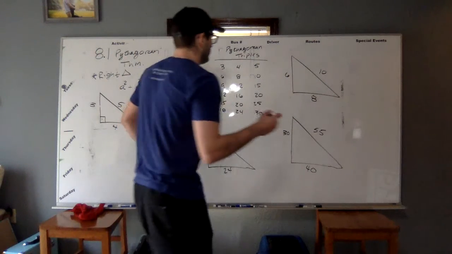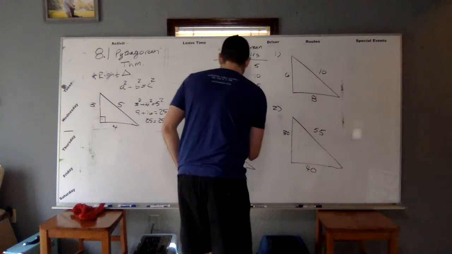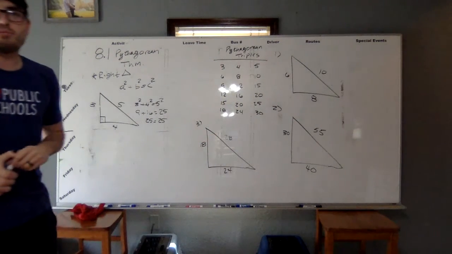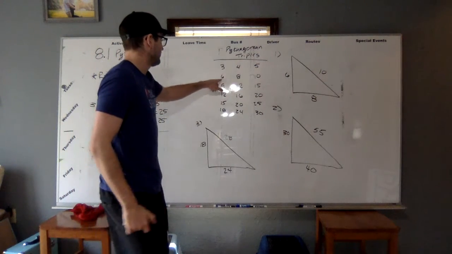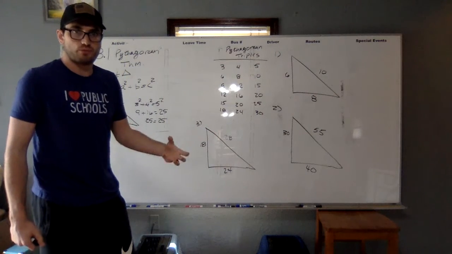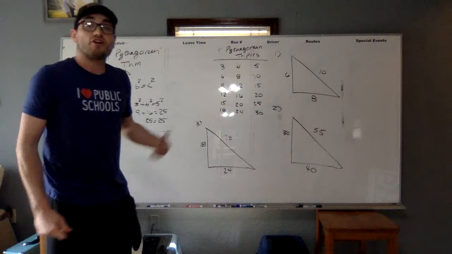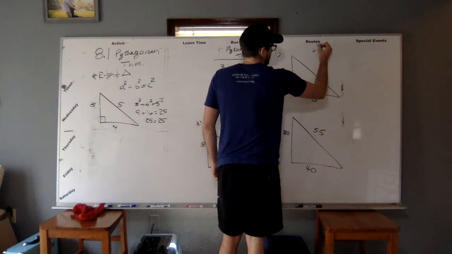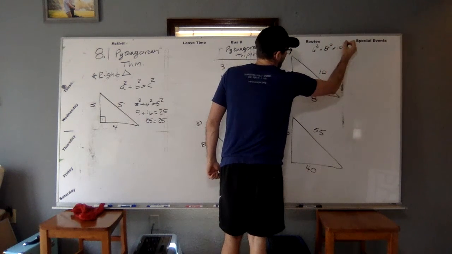Okay, and I should label these, let's call this example 1, example 2, and example 3. Okay? In example 1, pretty easy, especially if I have this written down, 6, 8, and 10. Well, I can stop right there and go, yeah, that's a Pythagorean triple, therefore, that has to be a right triangle. Okay? If I do it the long way, I want to test it, and I want to do 6 squared plus 8 squared equals 10 squared.